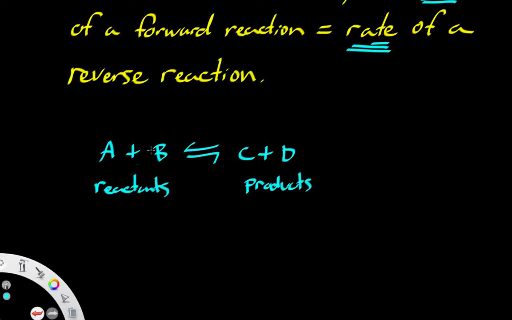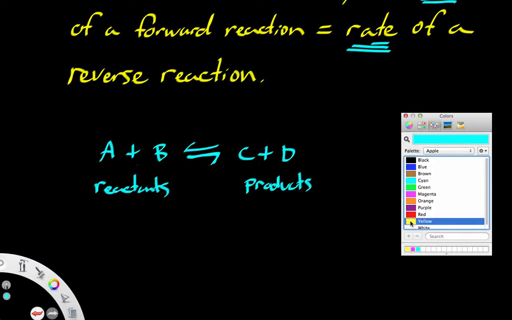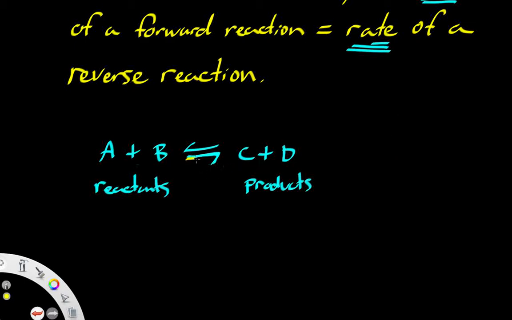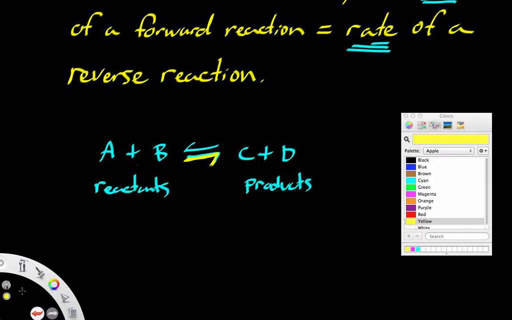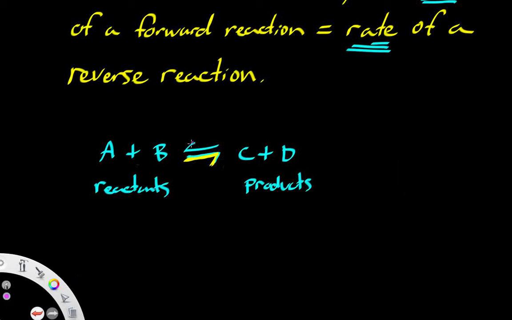A plus B leads into C plus D, and let me emphasize these arrows to show that we are referring to a forward reaction, and we are also referring to a reverse reaction going in this direction.